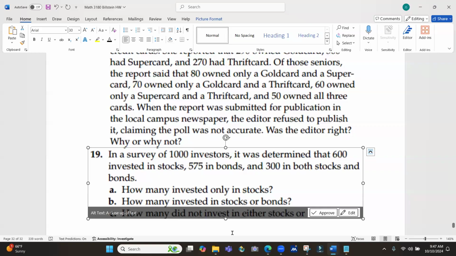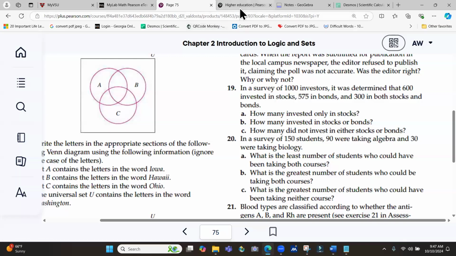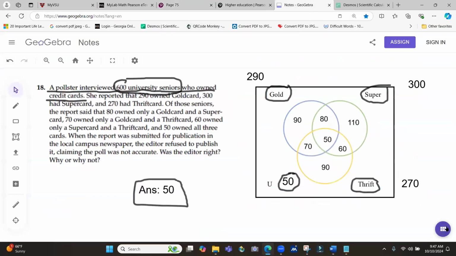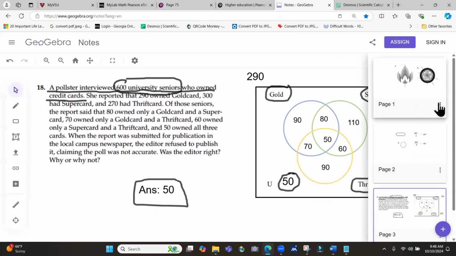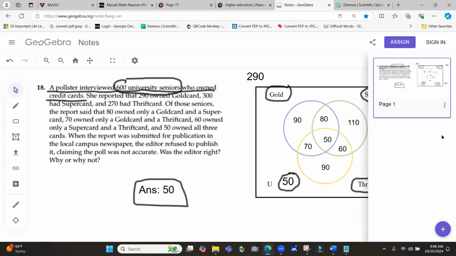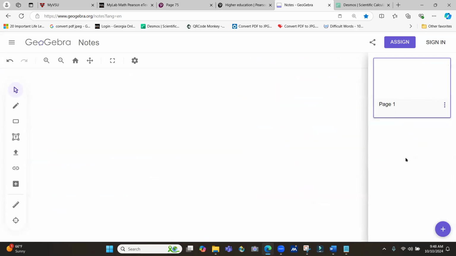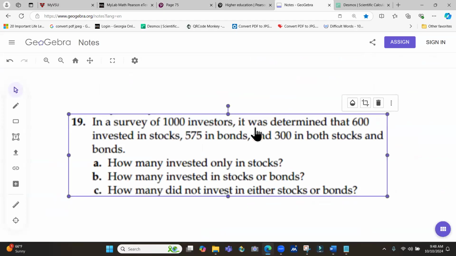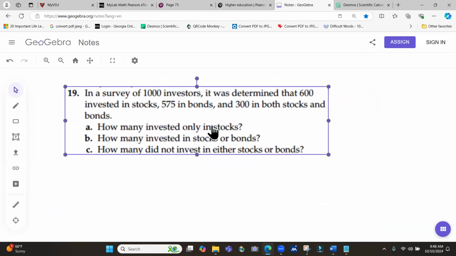Here, let's take this and see what we can do. So guys, let's work on 19.